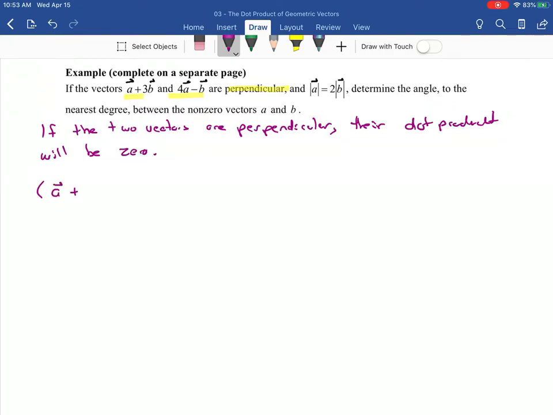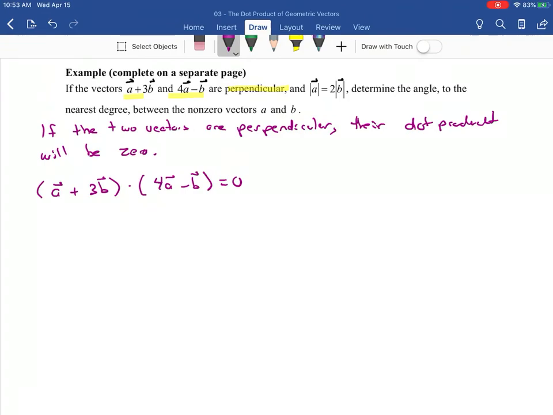So I start off with this statement. A vector plus 3b vector, because it's perpendicular with this other vector, when I go dot product with 4a vector minus b vector, that must come out to be 0. Seems completely useless. How in the world is that going to help us get the angle? Well, for now, I'm just going to do some algebra and see what comes of all this, okay?